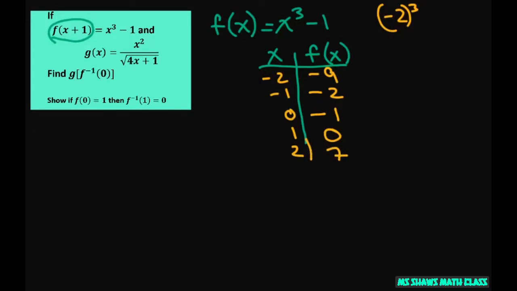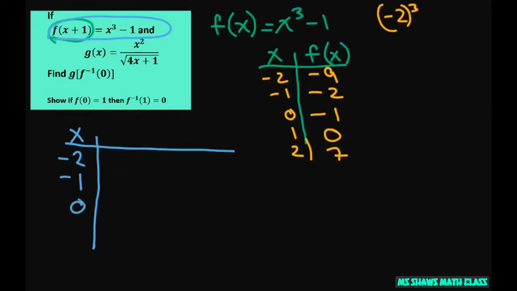So there's that one. Now what I want to do is look at this one. So I'm going to do this table and write x and go ahead and use -2, -1, 0, 1, and 2. So then I'm going to do my f of x plus 1. This part's going to be like your output.